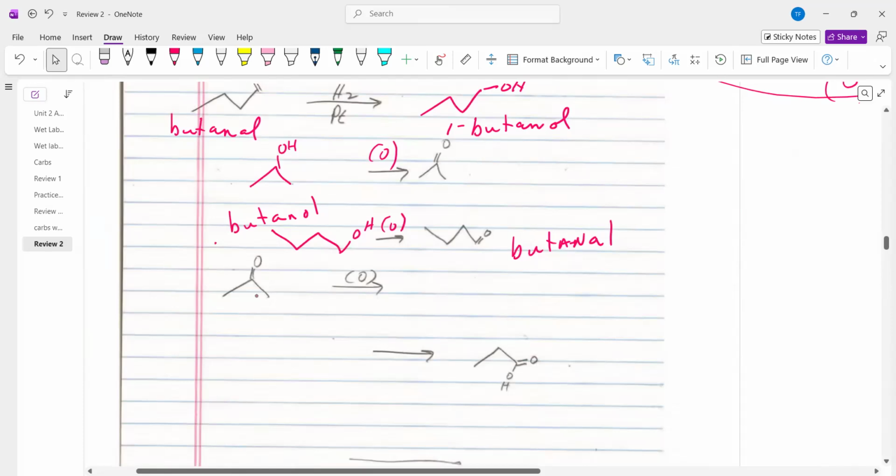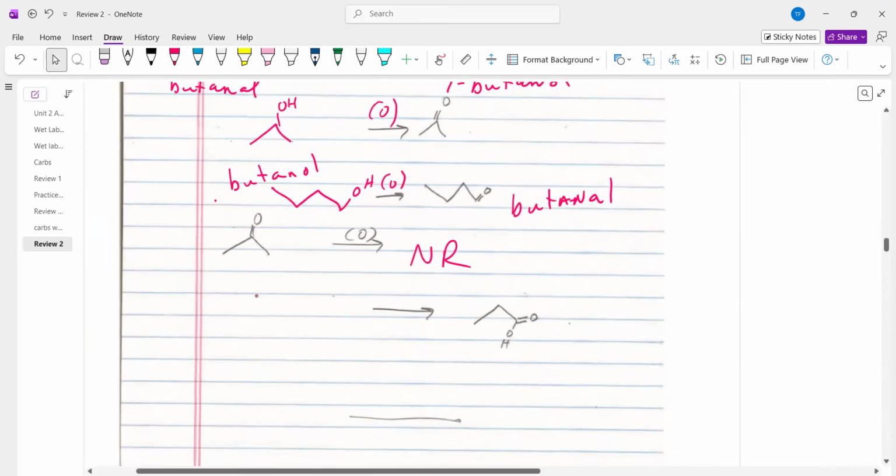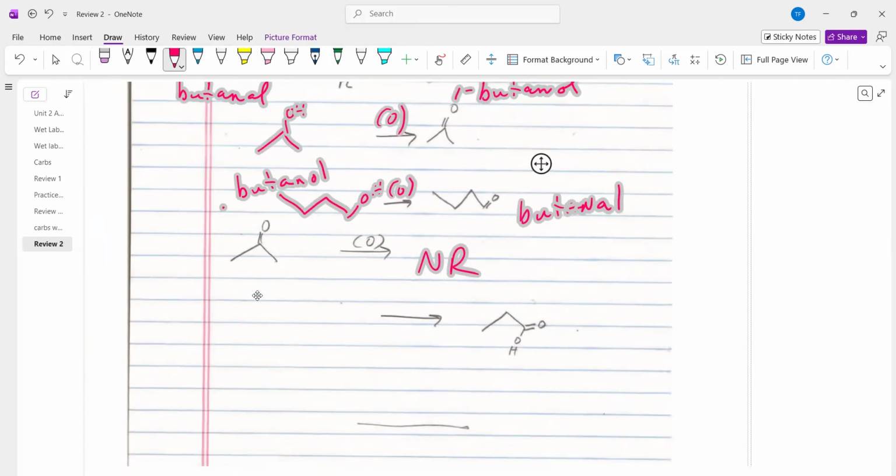Here I have a ketone undergoing oxidation, which won't happen. And here we have an acid. And the backbone is 1, 2, 3. So that's propionic acid. You don't have to name it till next unit, though. So we need a 1, 2, 3 carbon backbone.